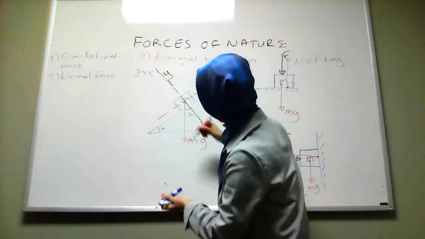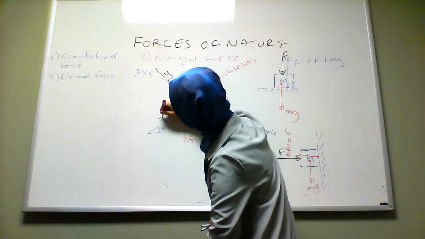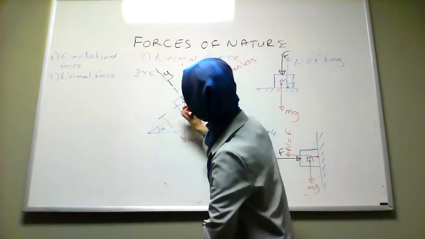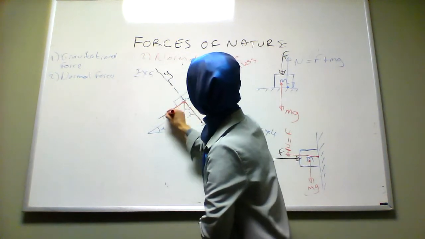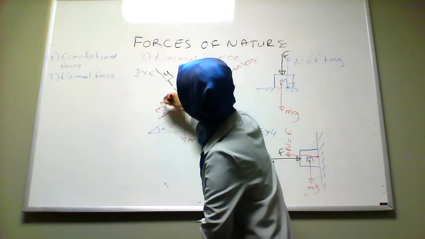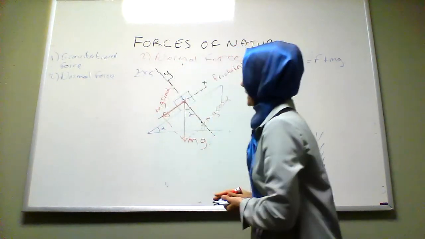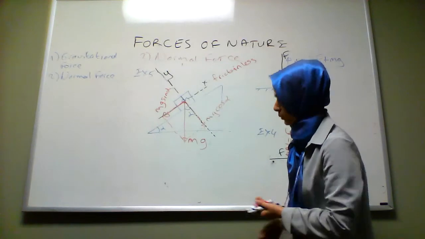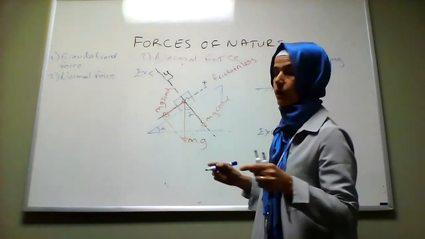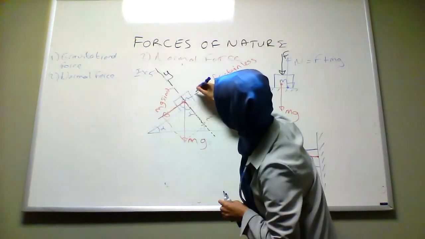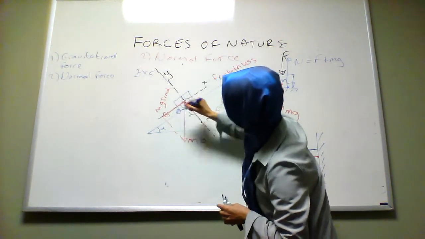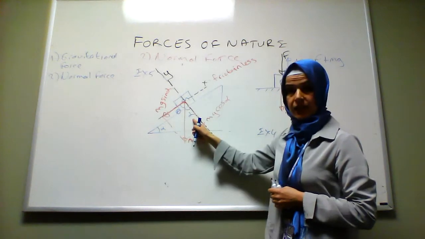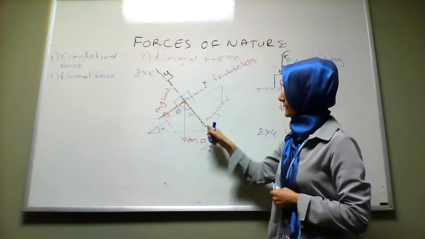And I draw another perpendicular line to the x-axis. And this is mg sine alpha. It seems the components are switched now, but they actually didn't switch. The angle we were looking at so far was always the angle between the x-axis and the force, let me call this theta. So now we have the angle easily found with the y-axis.